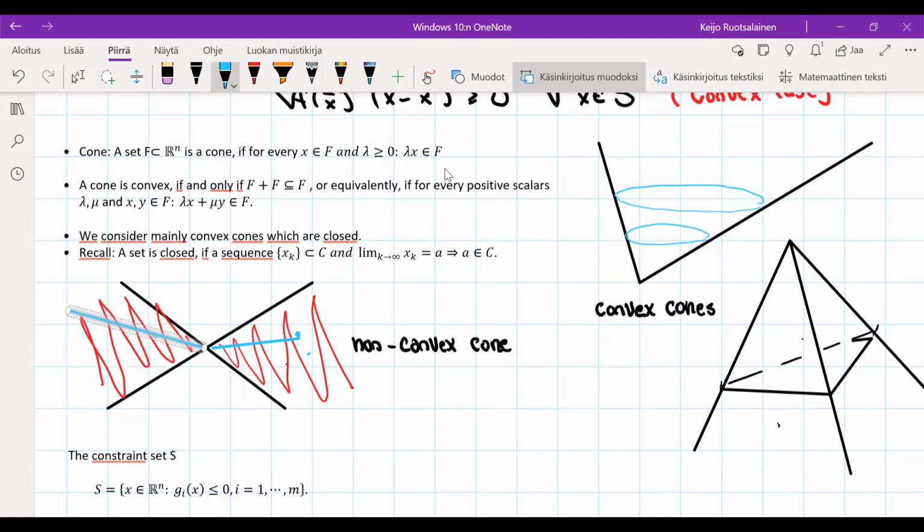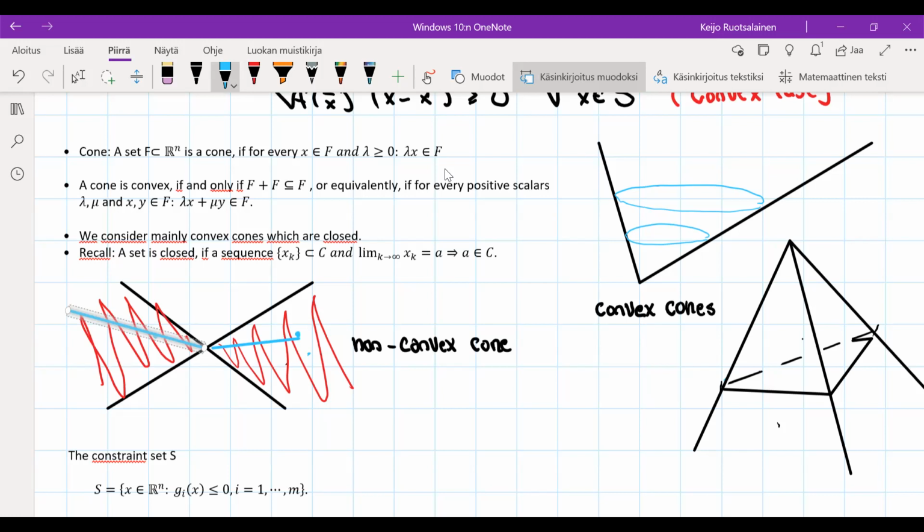Meaning that if we take any positive numbers, lambda and mu, and x and y are in the cone, of course, because we start with a cone, then all this linear combination, lambda x plus mu times y, belongs to F as well.